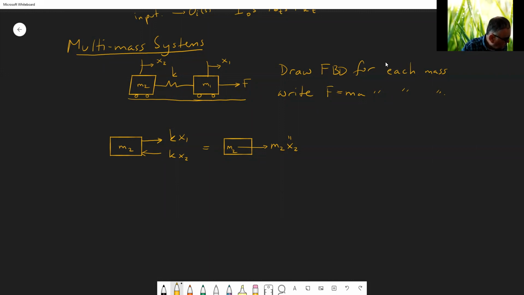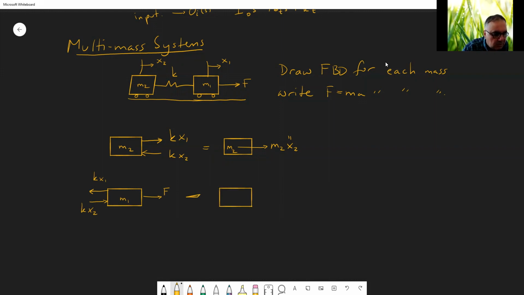Whereas for M1, you will have, what will you have? Kx1 will be in this direction. Kx2 will be in this direction. And there is an F, external F. These are the external forces.